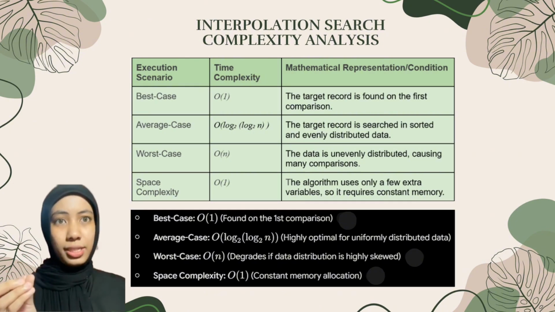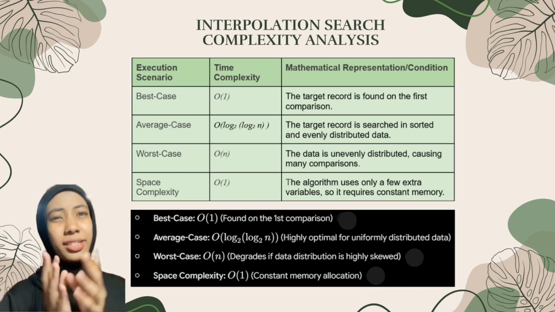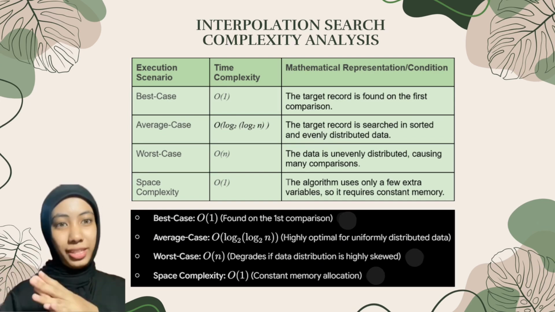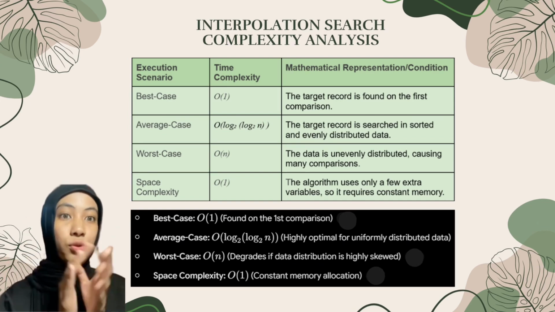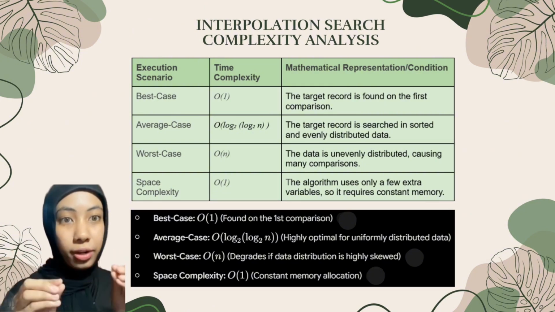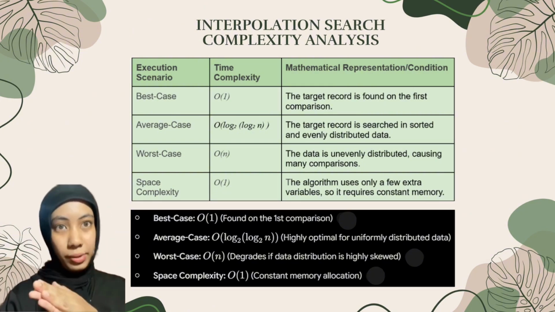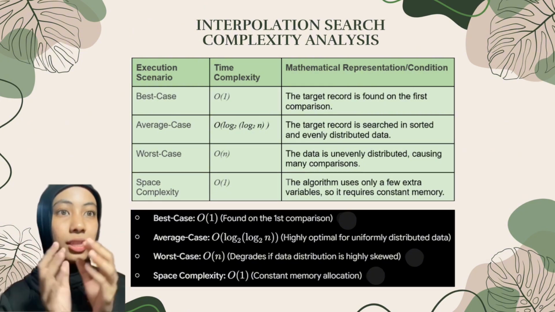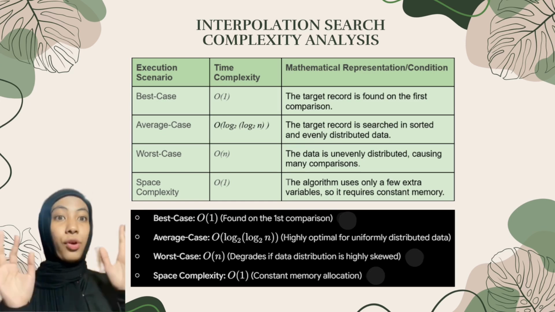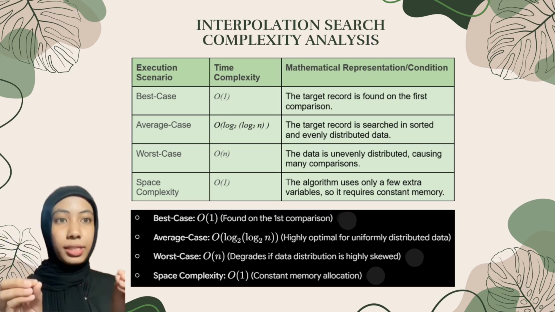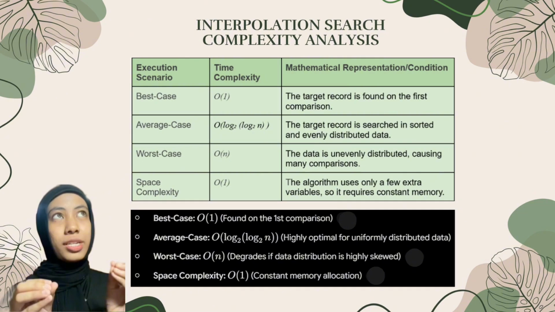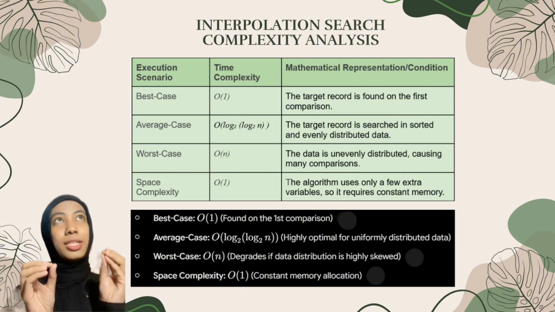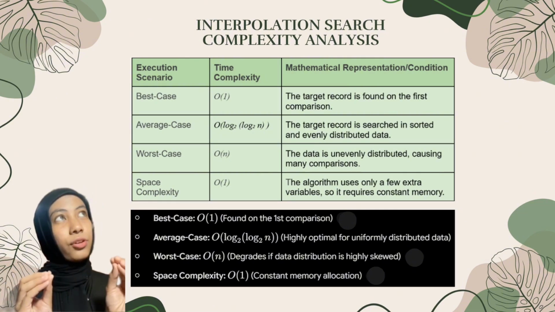However, the worst case complexity is O(n) when the data is unevenly distributed. The space complexity is O(1) because the algorithm only uses a few extra variables. In terms of scalability, interpolation search is suitable for large student databases and sometimes performs faster than binary search. However, it is least effective for randomly distributed data.